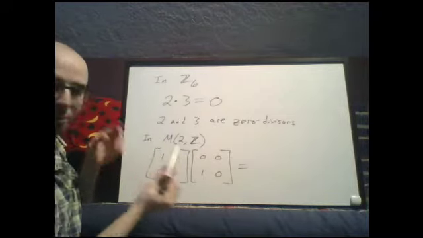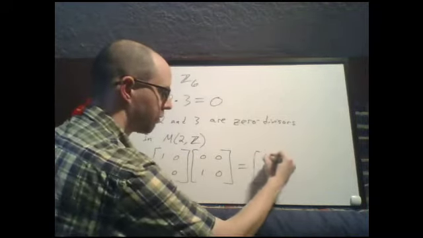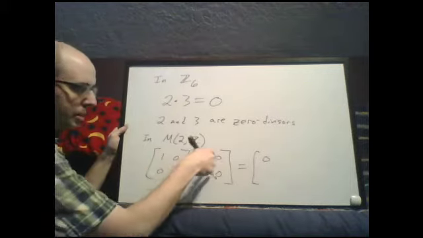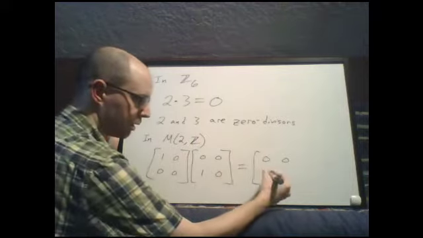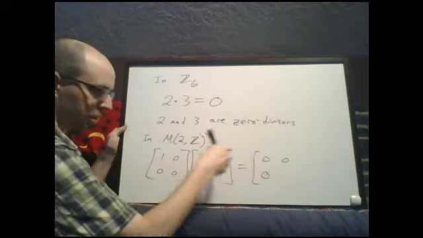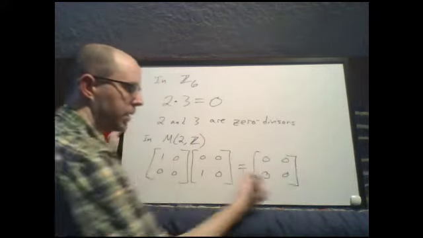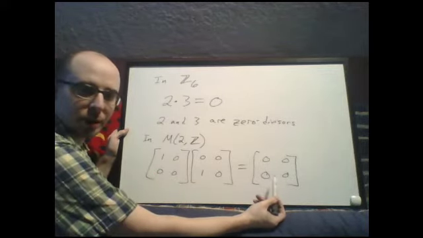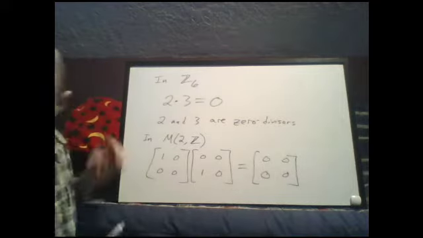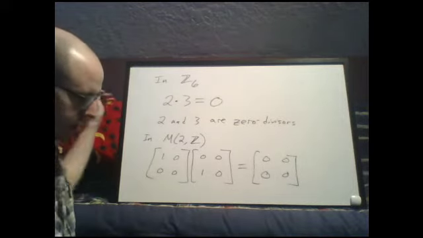That gives me 0 plus 0. So 0. 1, 0 times 0, 0 is 0. 0, 0 times 0, 1 is 0. And 0, 0 times 0, 0 is 0. So I multiply these two non-zero matrices, I get the zero matrix, the matrix that consists only of zeros.